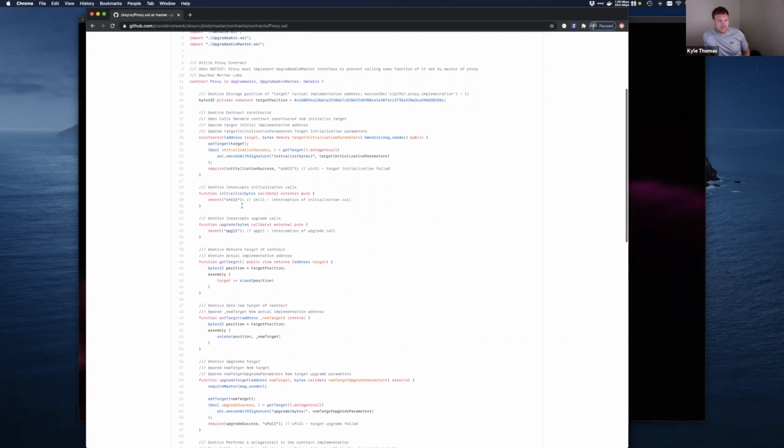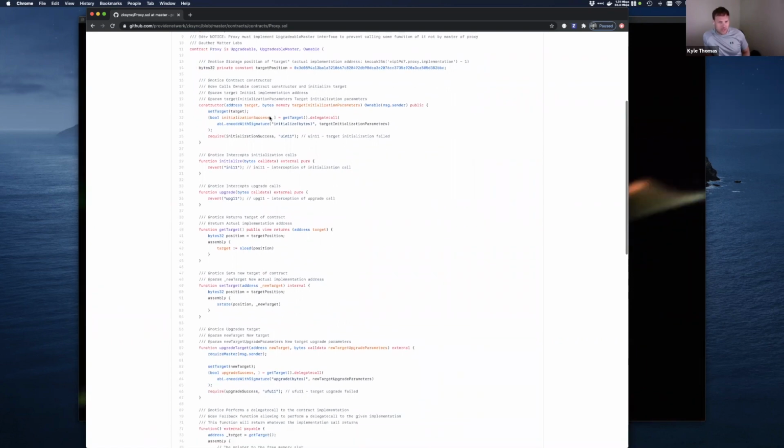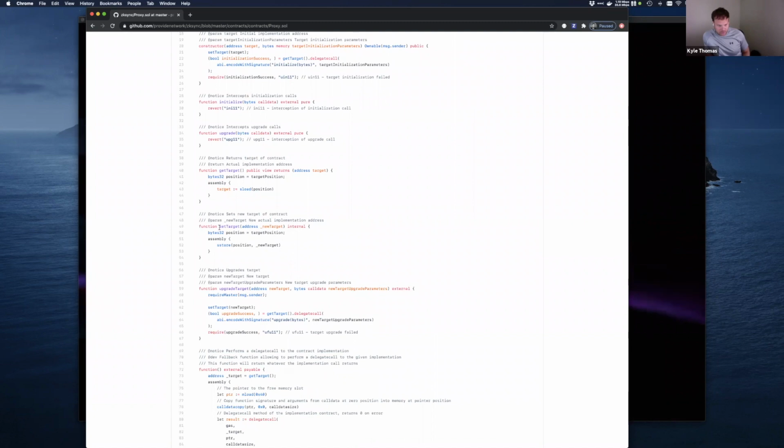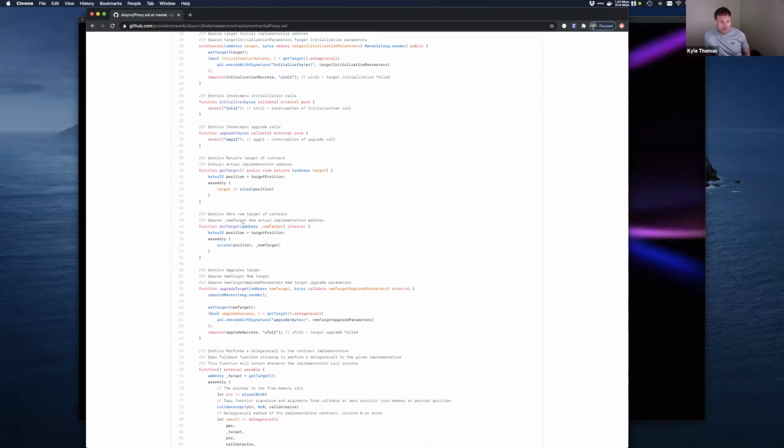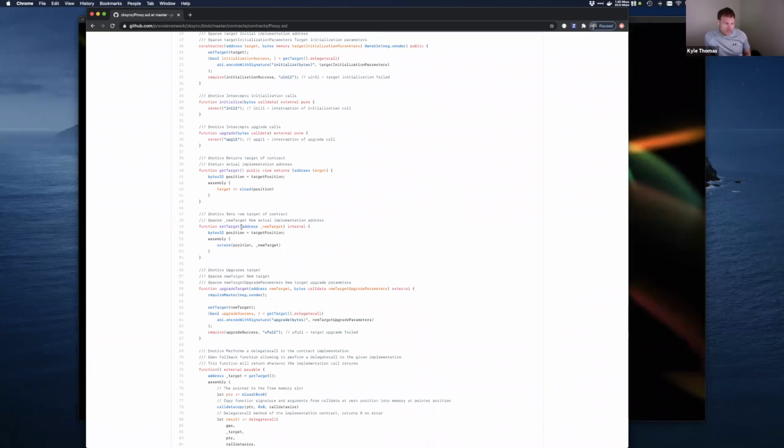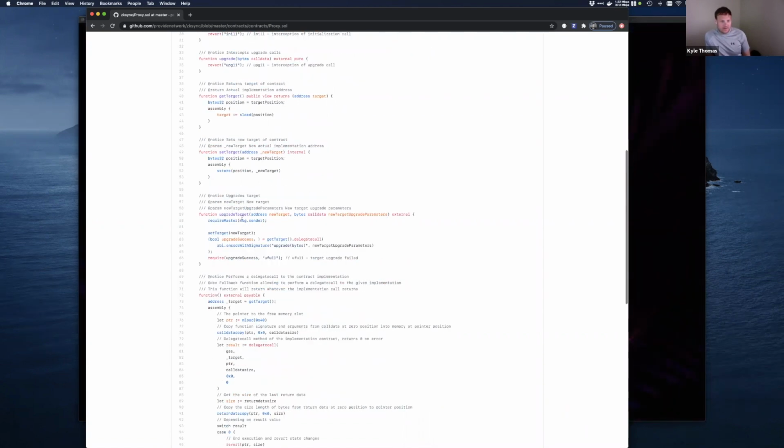A little bit of refactoring would be required to modify the upgradability of each verifier, where each verifier is a target. Instead of calling set target, we would add an additional parameter to correspond with the identifier generated by the privacy package. And similarly for upgrade target, we would be passing in call data that included the identifier as generated by the privacy package.